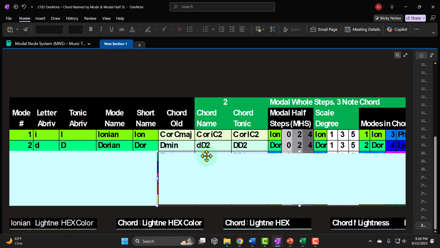But if you say it's a Dorian, it's a 3-note Dorian chord, or it's a D2 chord, meaning start on the Dorian node and then go up 2 modal whole steps, or you could call it a DD Dorian, a DD2. Why?